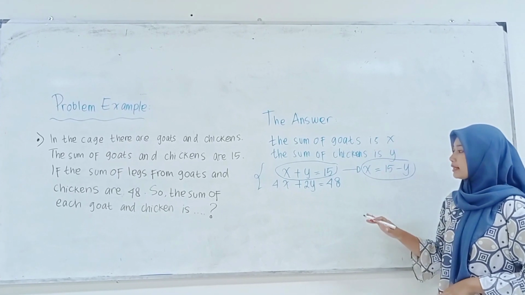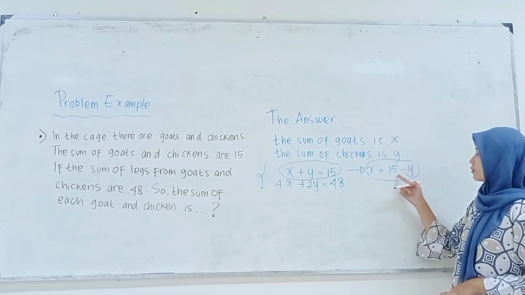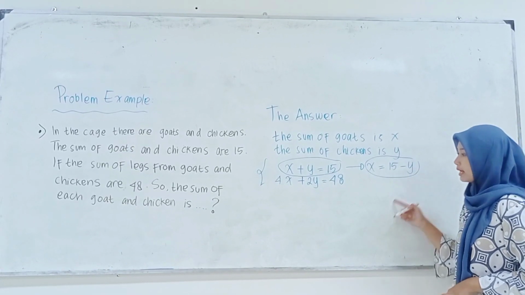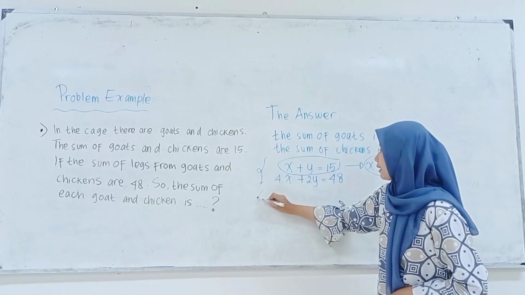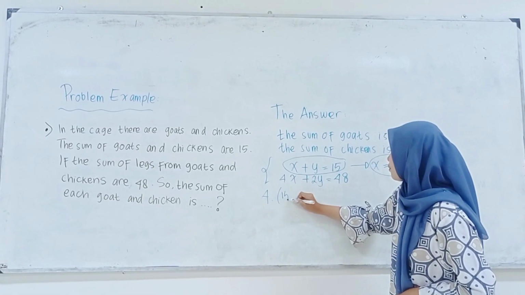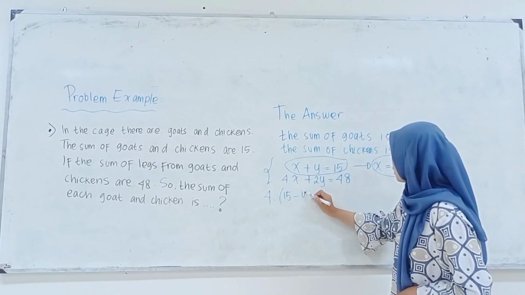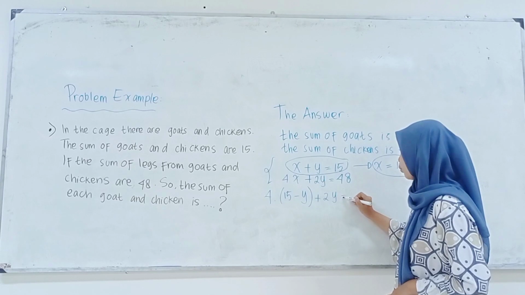So we can substitute x equals 15 minus y into x in the second equation like this: 4 times 15 minus y plus 2y equals 48.